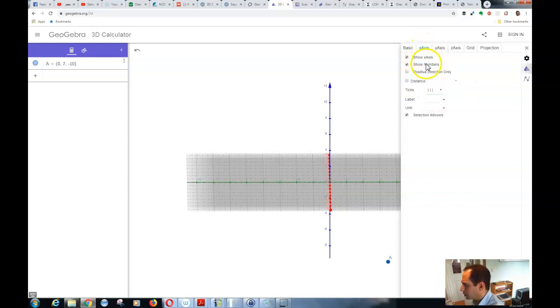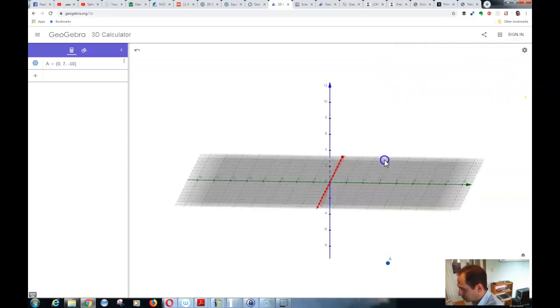Now for the x-axis, you have show axis, show numbers, positive direction, distance, label, unit, selection allowed. Okay, it seems that you cannot actually do that.